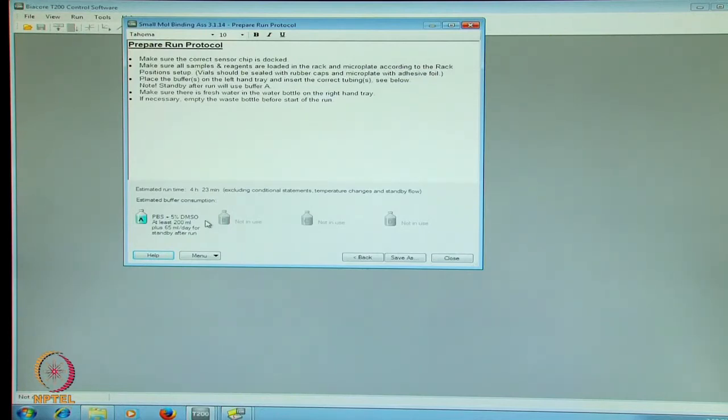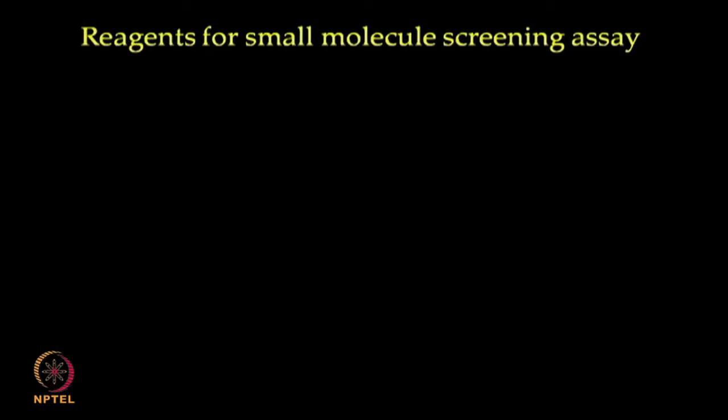The machine should be cleaned or desorbed at least 1 day prior. The instrument should be equilibrated with the running buffer for at least 6 hours before the start of the experiment. As per the volumes listed in the table, we will prepare the following samples and reagents.